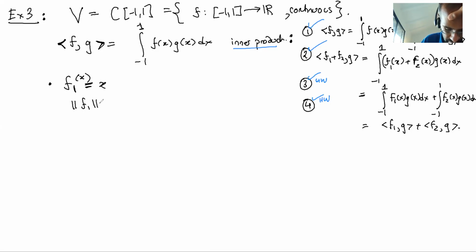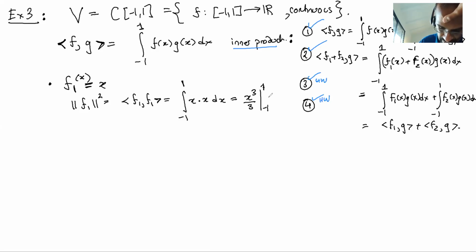The norm of f1 squared is f1 inner product f1, which is now an integral: from -1 to 1, x times x dx, which is the integral of x squared, that's x cubed over 3, from -1 to 1, which is 2/3. So in particular, the norm of this vector f1 is the square root of 2/3. Any questions about that computation?